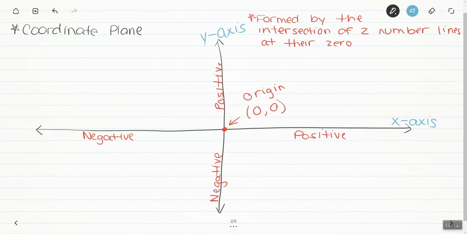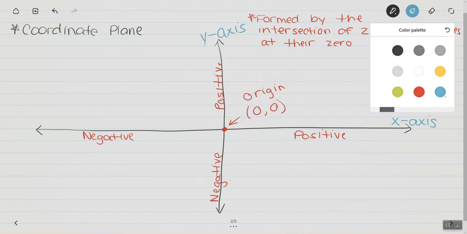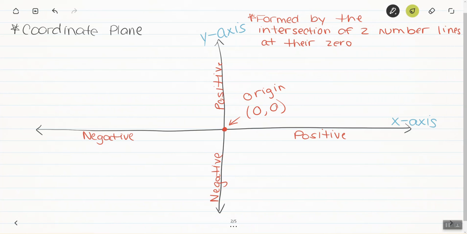The other thing that we have to write in here is we need to write in our quadrants. And there are 4 quadrants on the coordinate plane. And coordinate plane starts with a C, so I'm going to start by drawing a big letter C. And then the quadrants go in order of that C. So this is quadrant 1, and you need to make sure you use Roman numerals.